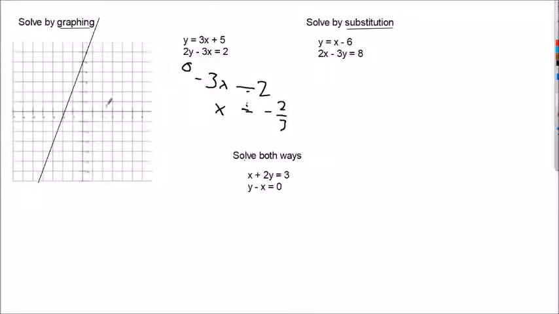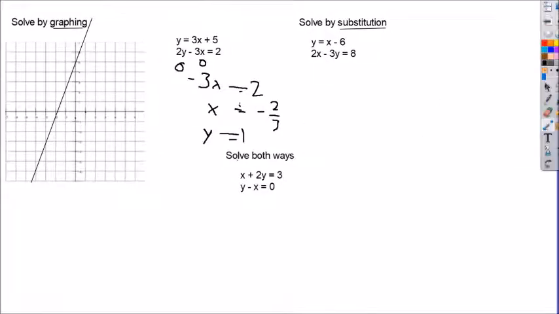And we can plot 0, negative 2/3, which is about right here. Then we can plug 0 in for x, and y is just equal to 1. So the line goes like that. Now we can plot that line as well.